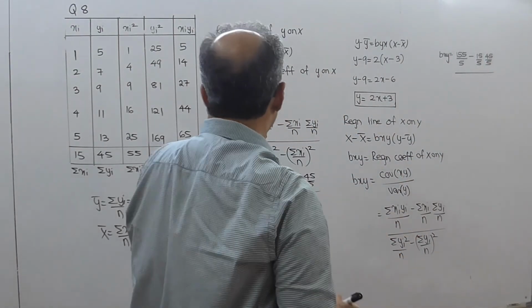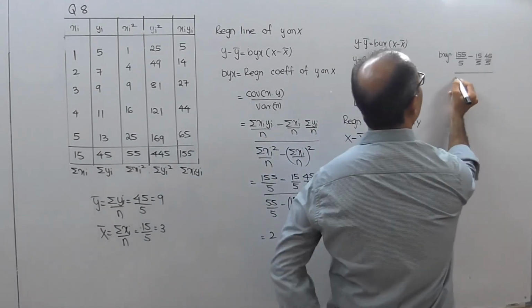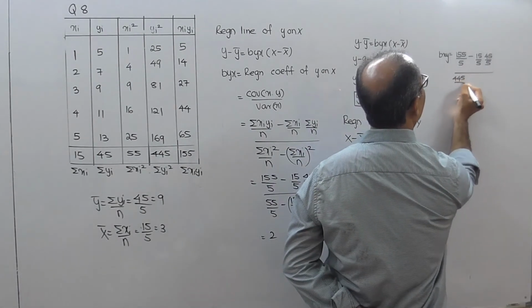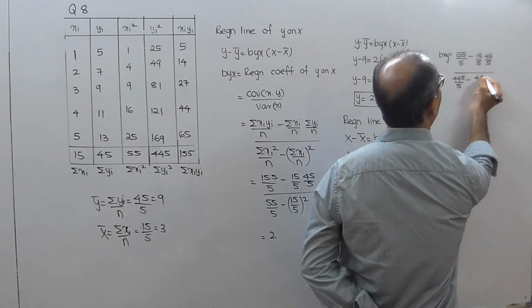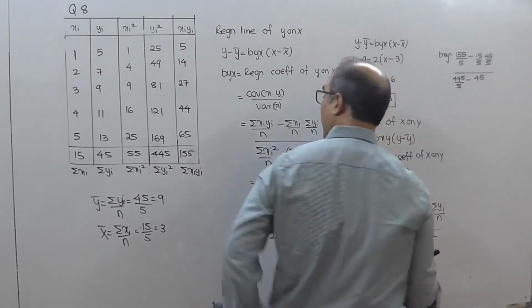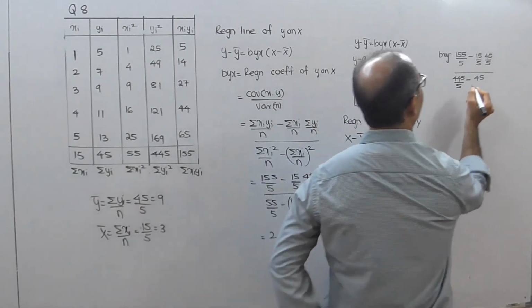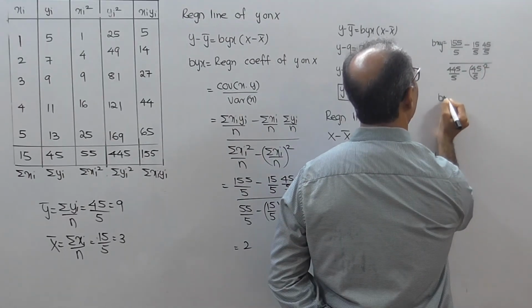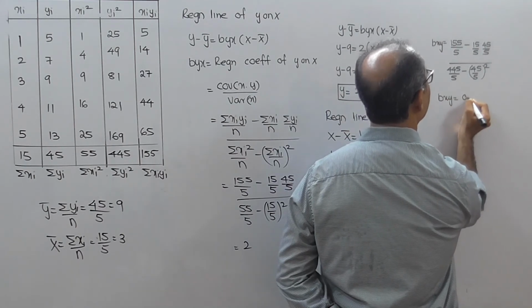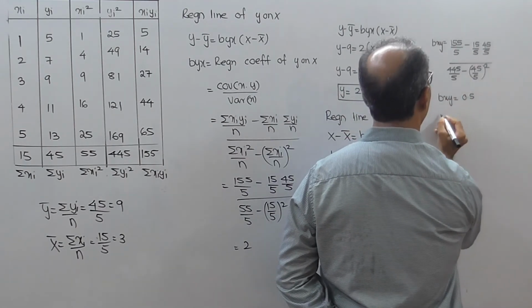The whole upon sigma yi square, which is 445 upon 5, minus sigma yi upon n the whole square, meaning 45 upon 5 the whole square. The numerical value for bxy, doing the calculation, is 0.5.